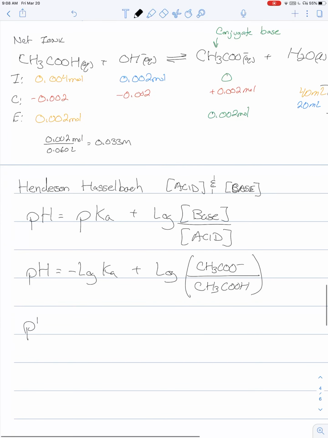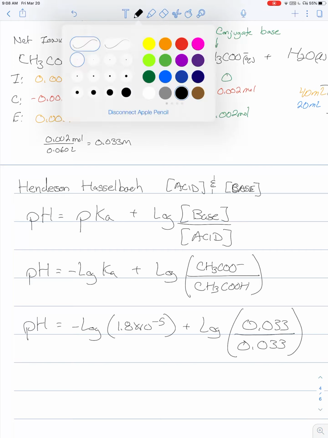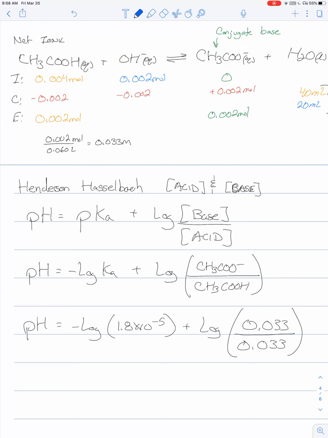So the pH is negative log 1.8 times 10 to the negative 5 plus the log of 0.033 over 0.033. Some of you are already seeing that that's the log of 1, and the log of 1 is 0.